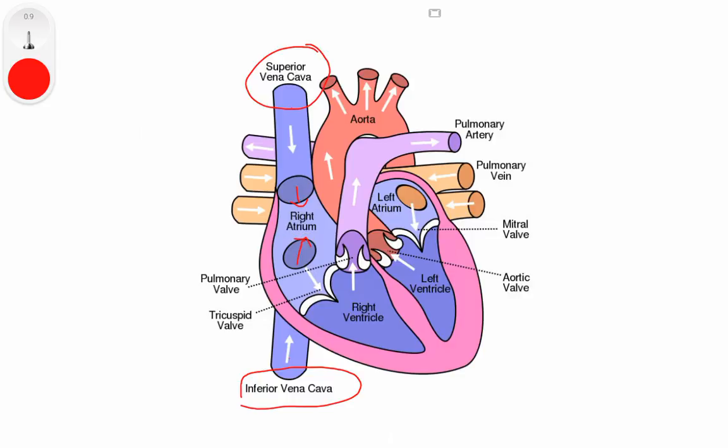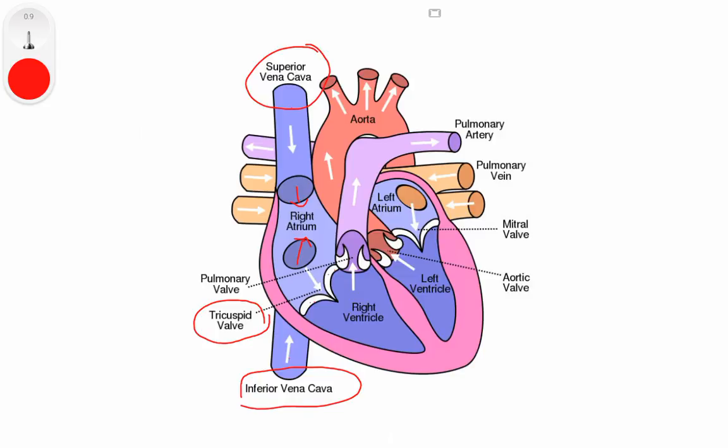From the right atrium you would see valves here. Two are shown here, but actually the valve has three cusps. That's why it's called the tricuspid valve. It has three flaps.